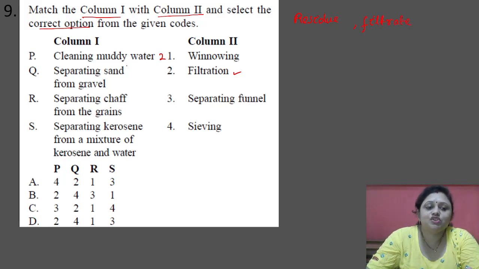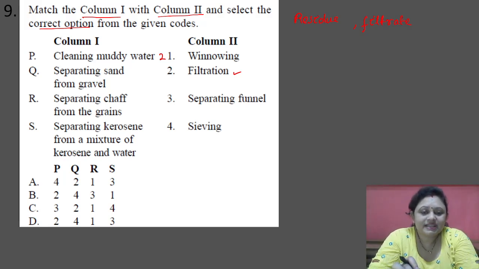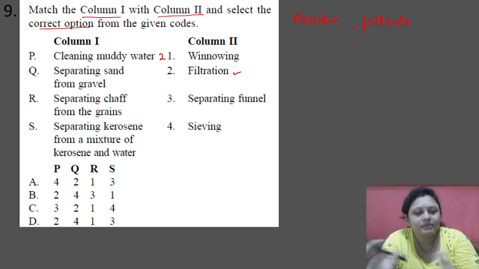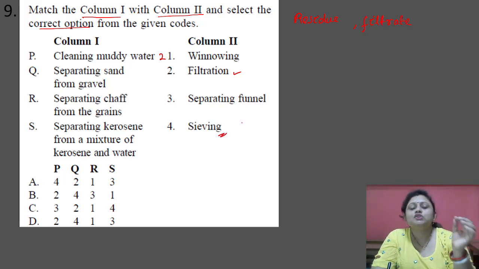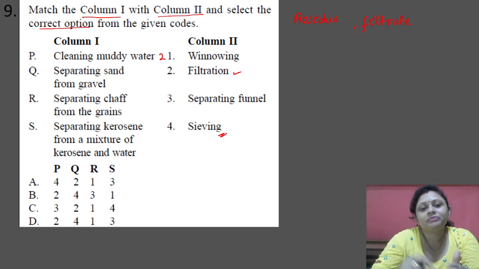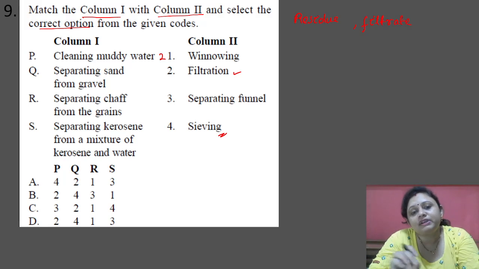Next, separating sand from gravel. There is a difference in size. The sand is smaller than the gravel, so we can use the process that is sieving. Sieving is the process where we separate substances which have different sizes.